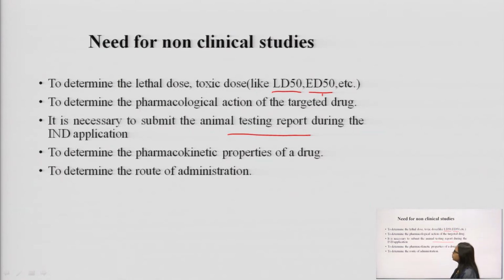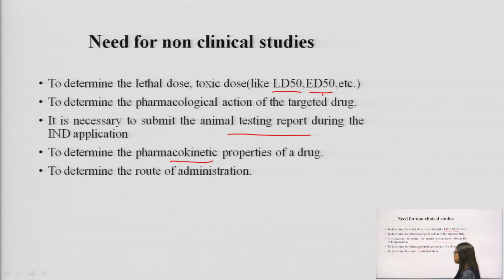Next is to determine the pharmacokinetic properties of a drug. Pharmacokinetics means what the body does to the drug, the action of the body on the drug. Next, to determine the route of administration.